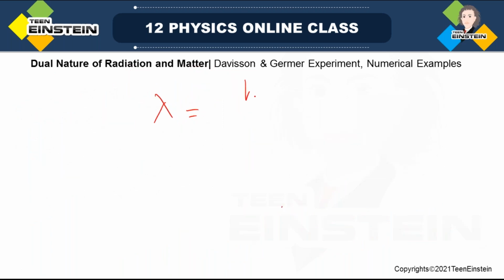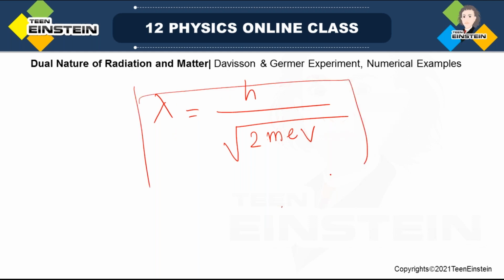What we have learned on the previous day is that if an electron is accelerated by a certain accelerating potential, then the de Broglie wavelength can be calculated using the formula h by under root 2m into eV.